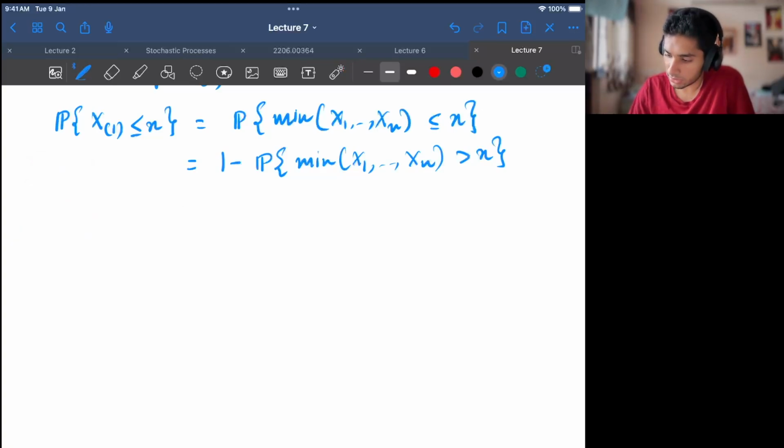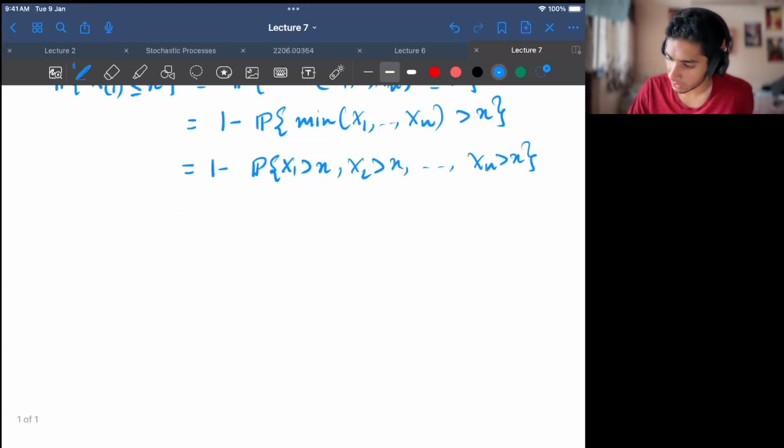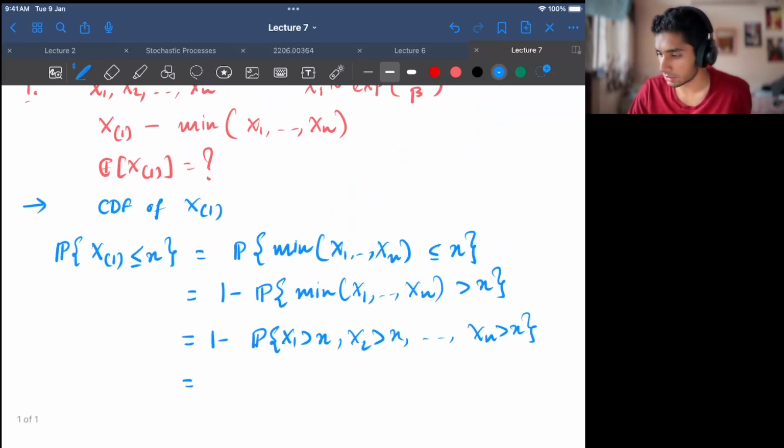So this thing is equal to 1 minus the probability that x1 is greater than x, x2 is greater than x, till xn is greater than small x. Another thing that is given to you, and I think I didn't mention it, is that they are all IID.